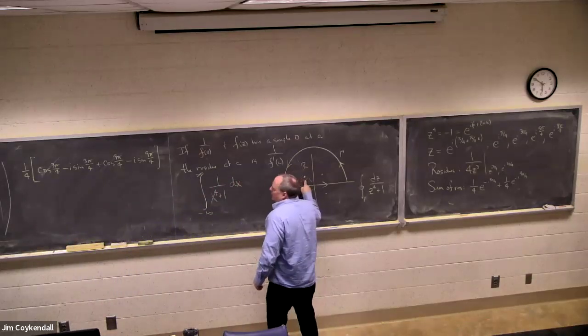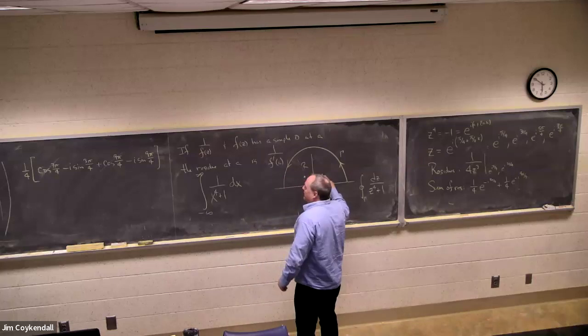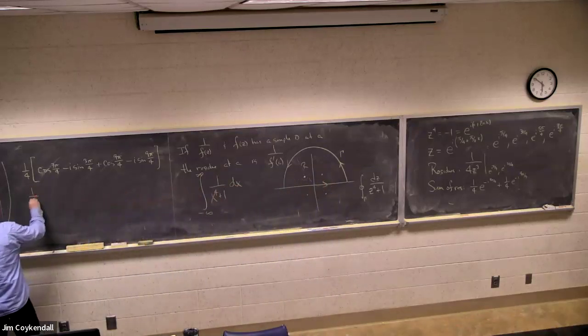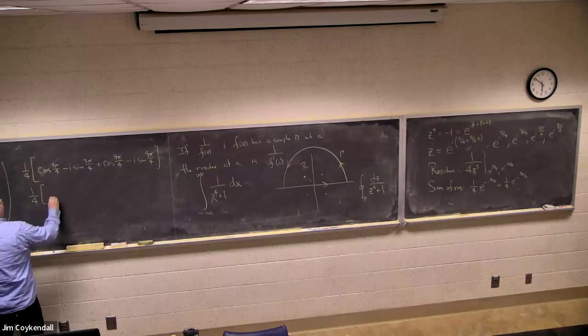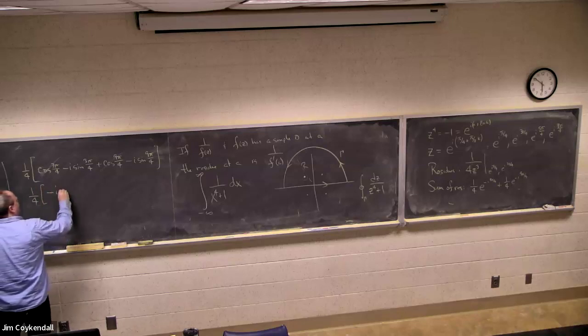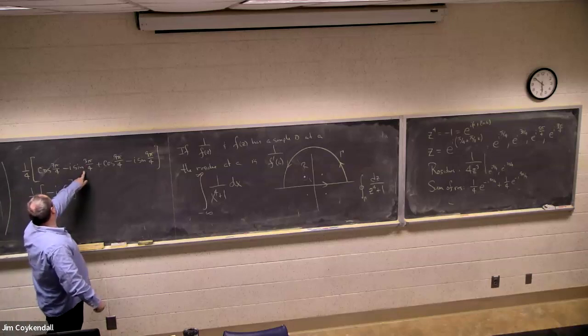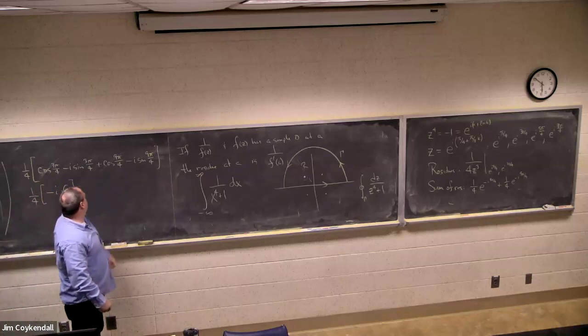Right, this is minus 1 over radical 2, and minus the other one is going to be another, yeah, these are both. So I get 1/4. And this should be what? Minus i radical 2. Because that's a 1 over radical 2, and that's another 1 over radical 2.